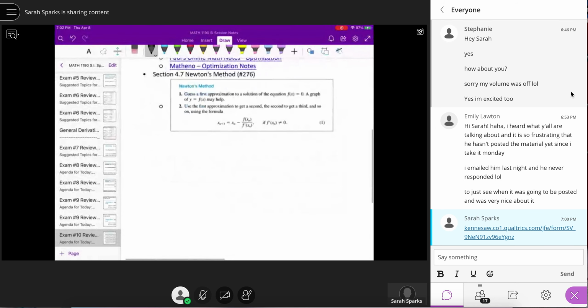So our first problem, they want us to use Newton's method. They want us to use Newton's method on this equation, x squared plus x minus 1.